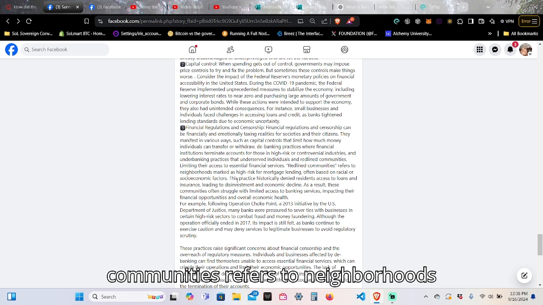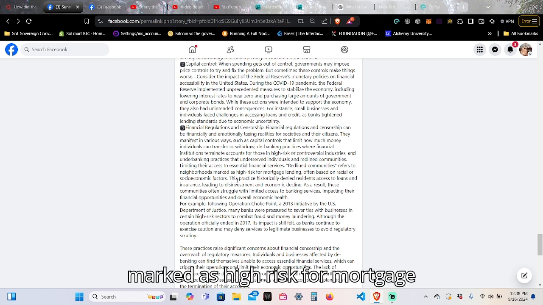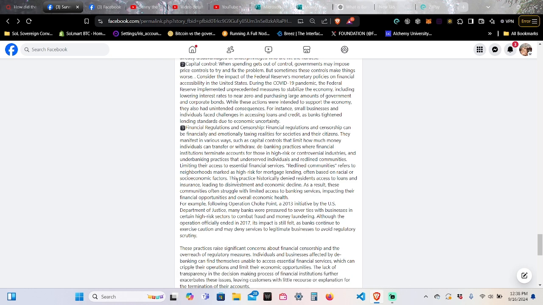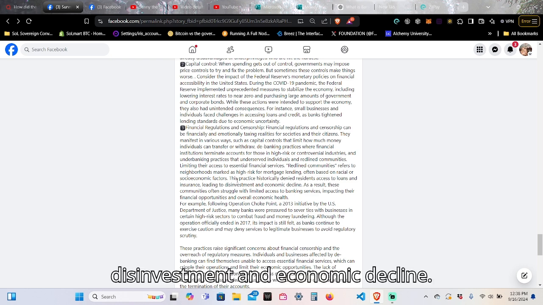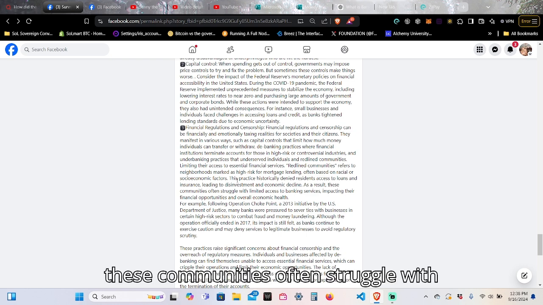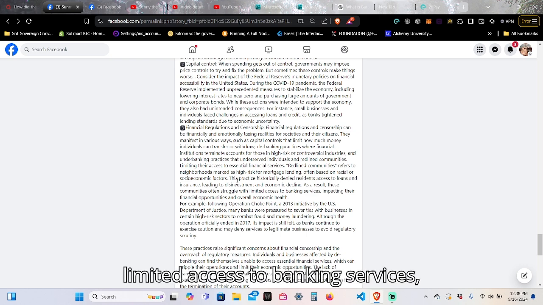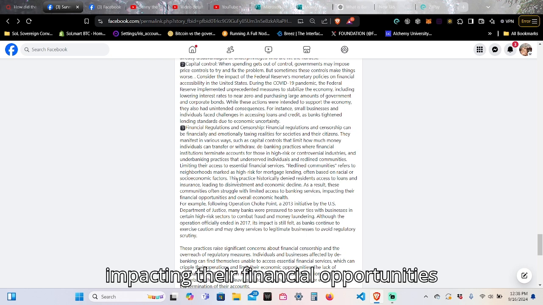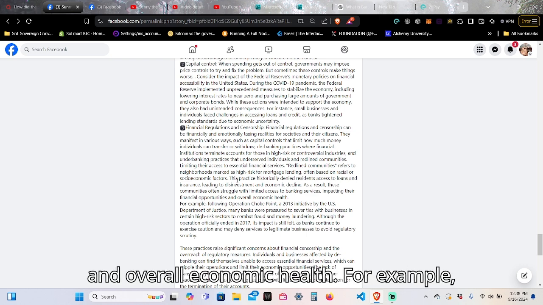Redlined communities refers to neighborhoods marked as high risk for mortgage lending, often based on racial or socioeconomic factors. This practice historically denied residents access to loans and insurance, leading to disinvestment and economic decline. As a result, these communities often struggle with limited access to banking services, impacting their financial opportunities and overall economic health.